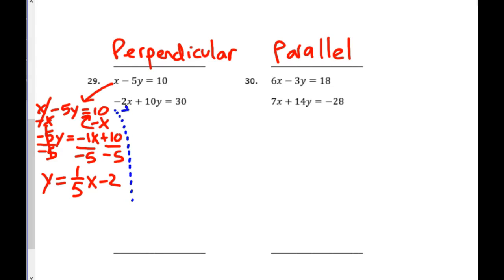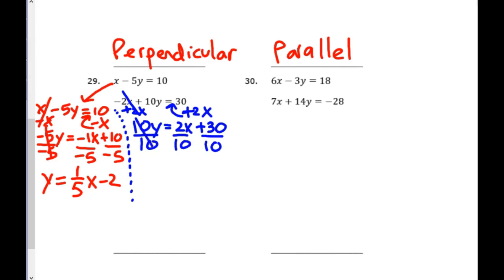Okay, so plus 2x plus 2x, cancel that out, 10y equals 2x plus 30 divided by 10, y equals 1/5 x plus 3. Now, same slope, parallel.